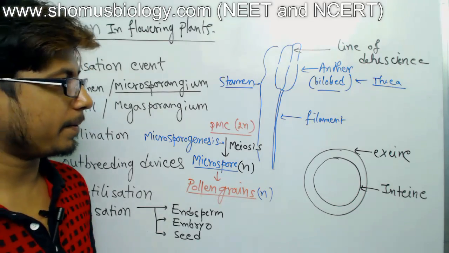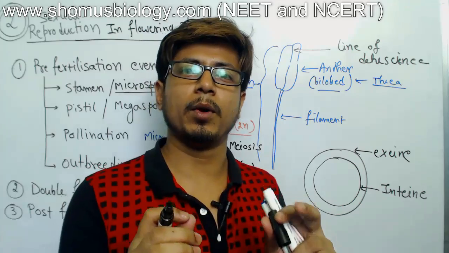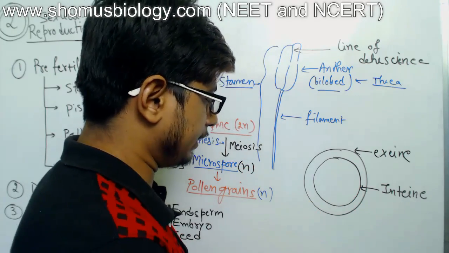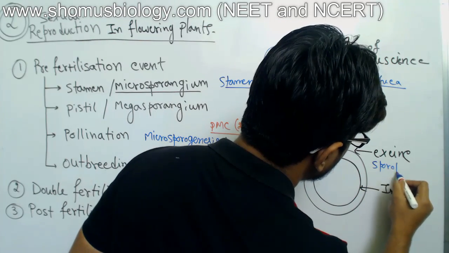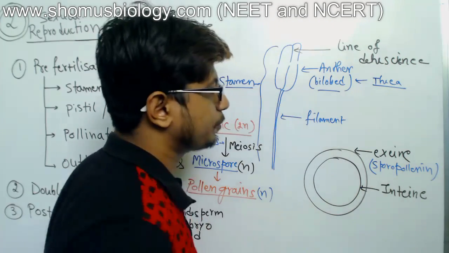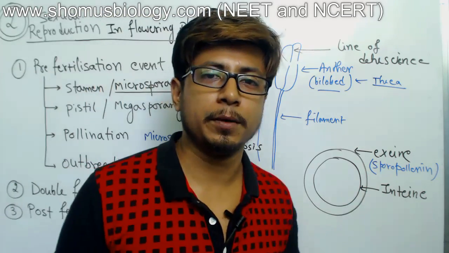Exine and intine. Now exine contains a specific molecule known as sporopollenin. This sporopollenin is known as the toughest material known.